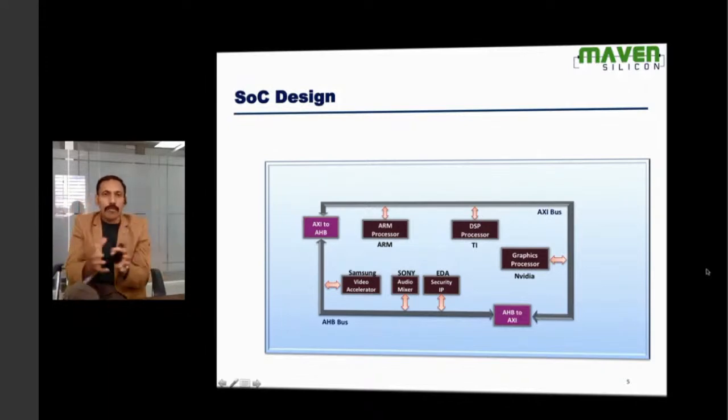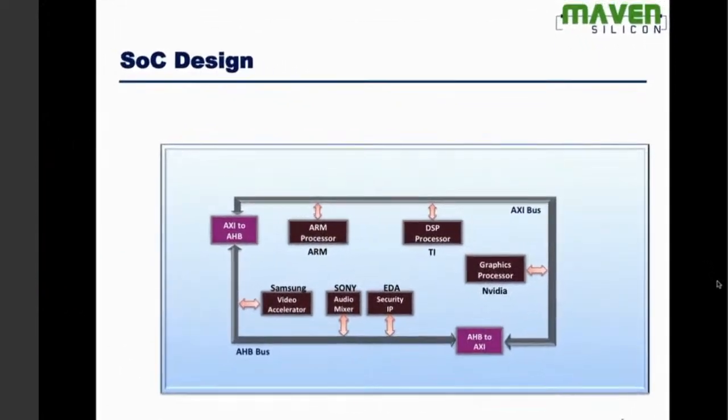The engine is composed of various kinds of processor IPs like the ARM processor, DSP processor, graphics processor, security IP, audio mixer, and video processors, right? And depending on the performance, they put different IPs on different buses. So here, the ARM core, DSP processor, and graphics processor are on AXI, and the other cores like video accelerators, audio mixers, and security IP are on AHB.